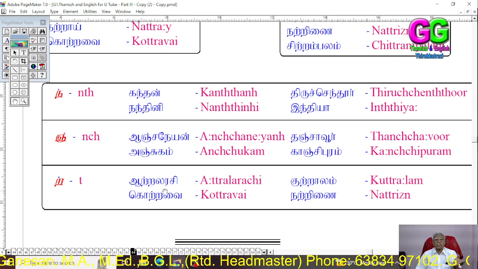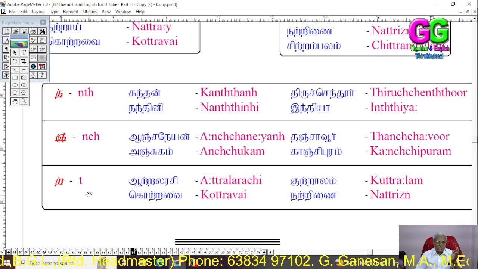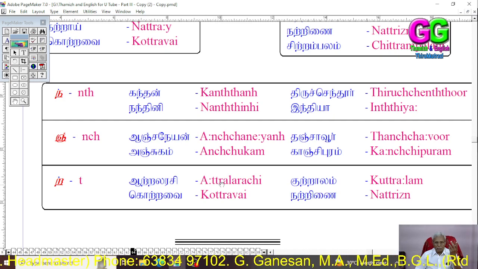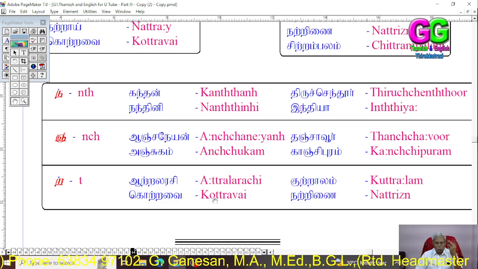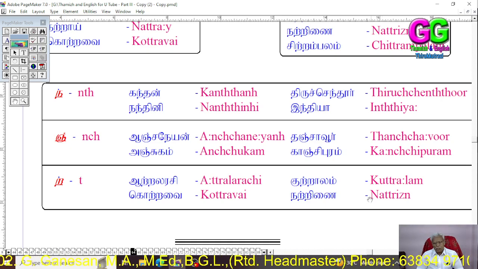No, we should differentiate them. We should represent the phoneme ir by TR and the phoneme it by T. Kotravai, kutralam, natchinai.